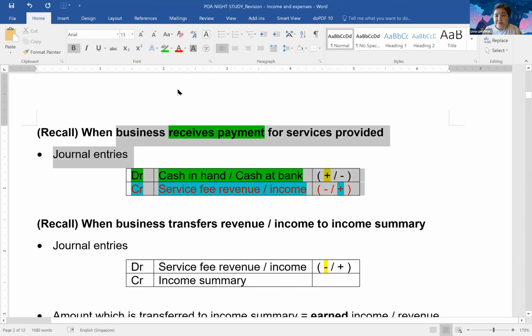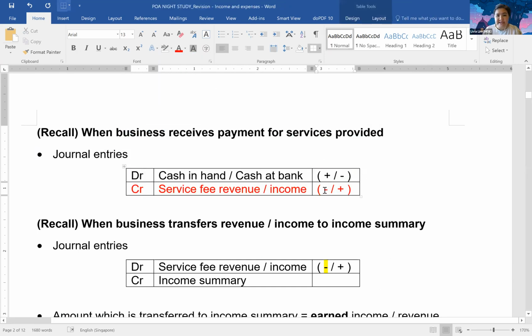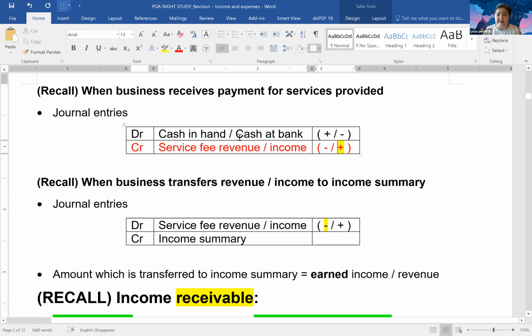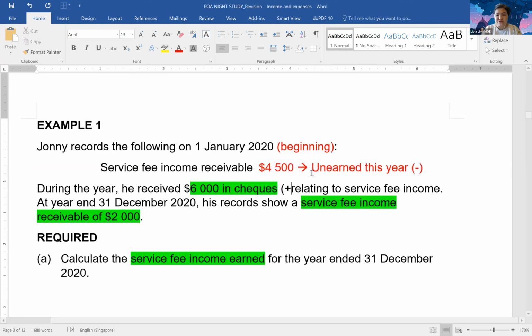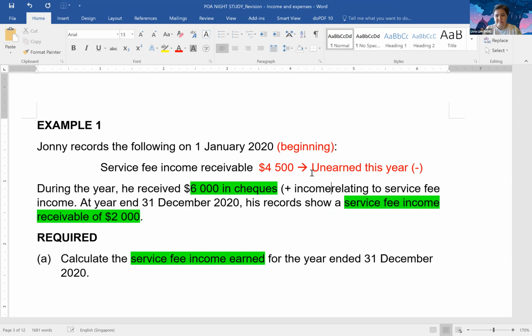When you receive a check, you are going to increase service fee income or service fee revenue. Since you increase it when you receive the money, for this $6,000 here, you should also increase income. Cannot understand? Quickly chat. The chat function is always there, don't need to wait for a break, just use it.